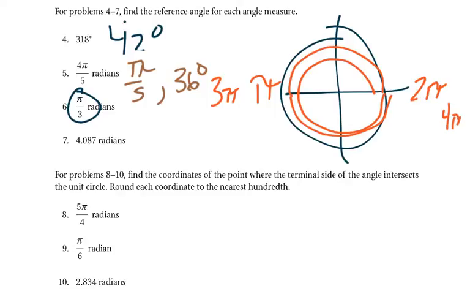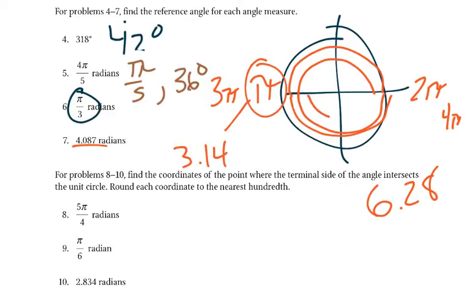So 4.087, if I go 2 times pi, that's 6.28. That's too big. Regular pi we know is just 3.14. So it's somewhere in this zone. It would start here and go around somewhere about here.